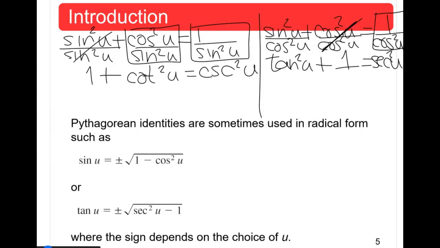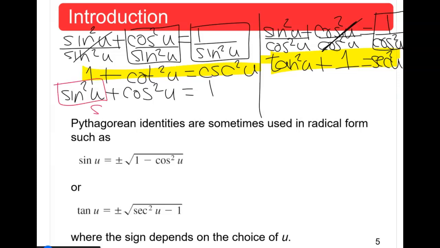Okay, so now I call those our 3 Pythagorean identities, as you could also see from the previous slide. But now we could do more things with them. For example, if we have sine square of u plus cosine square of u equals 1, and you want to solve for sine square, then we leave sine square where it is, sine square of u equals 1, because we have a 1 on the right side.